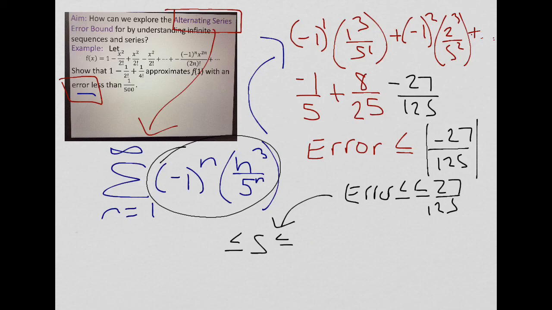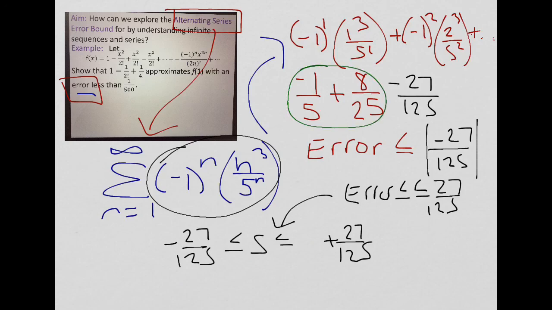So our 27 over 125, if we subtract that fraction or add that fraction to the sum that we had over here, which I didn't actually find just yet, then we would know what our sum of our series is between.